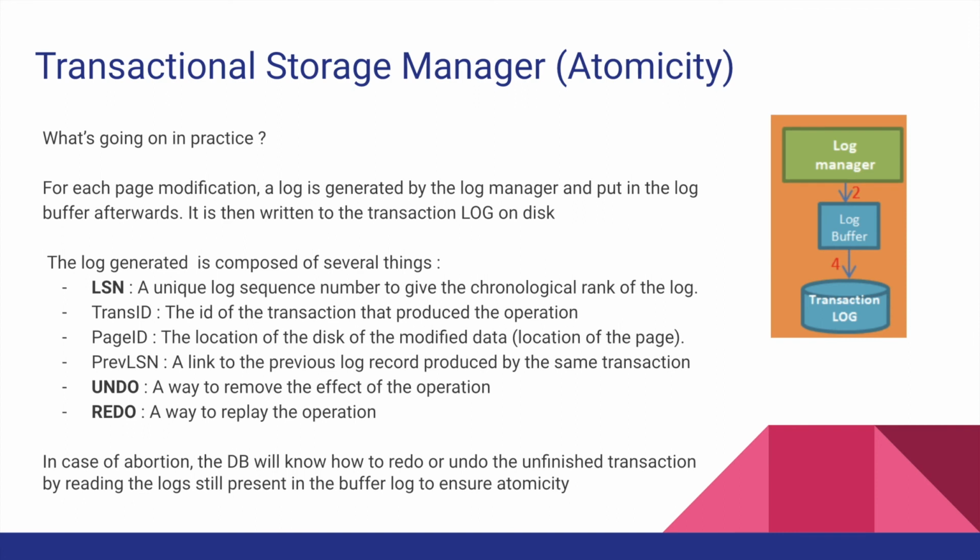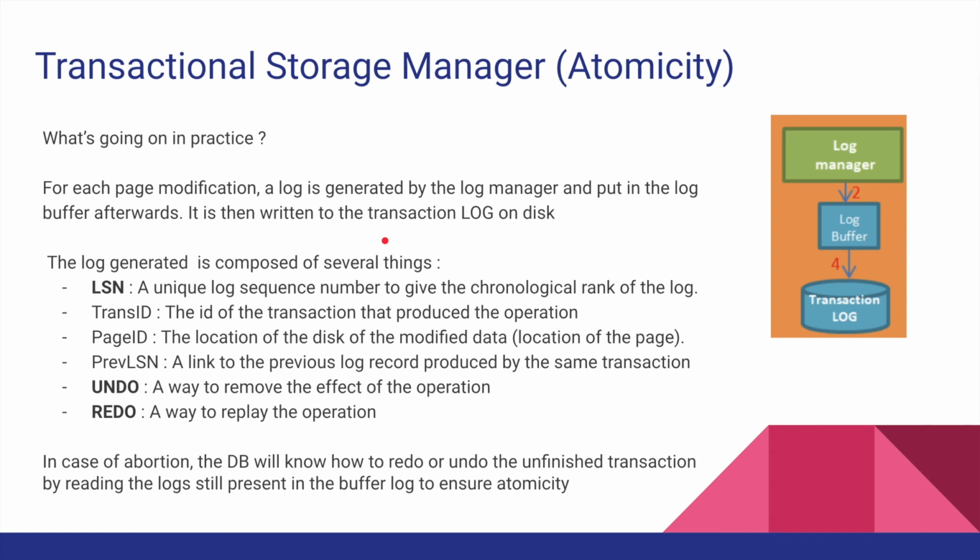But what's going on in practice? For each page modification in the write buffer, a log is generated by the log manager. Then this log is written to the transaction log, which is on a disk like a RAID disk, for instance, which is really safe. The log is composed of several things.